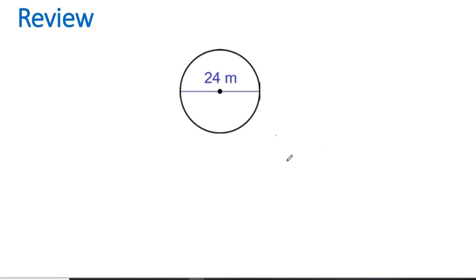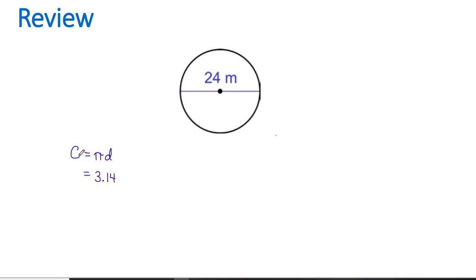So let's review the 2 formulas that we use for circles. The first formula is circumference, which is perimeter. That's your outside measurement of your circle. And the formula is pi times the diameter. Now we use rounded pi. It's much easier for us than using maybe a pi button if you don't have that on your calculator, because pi is a decimal that never ends.